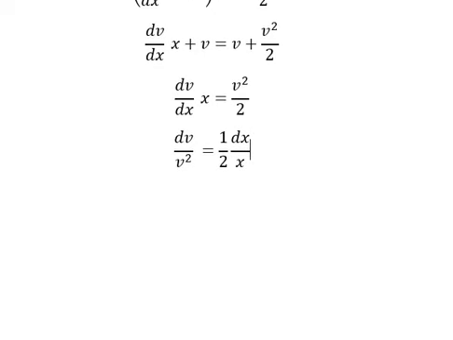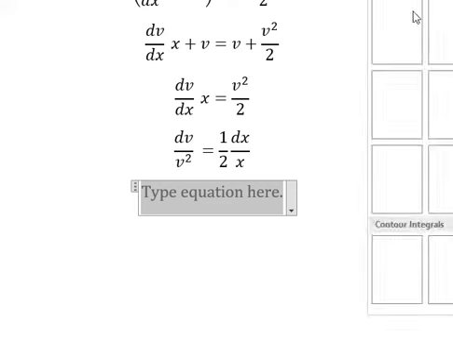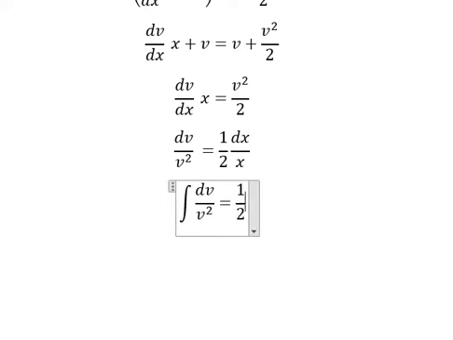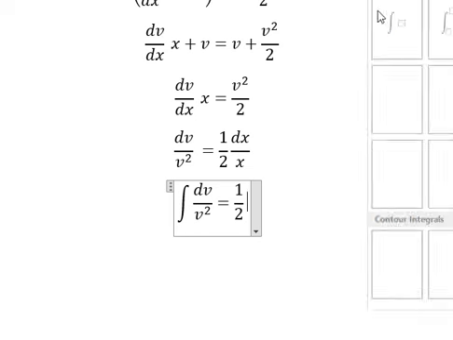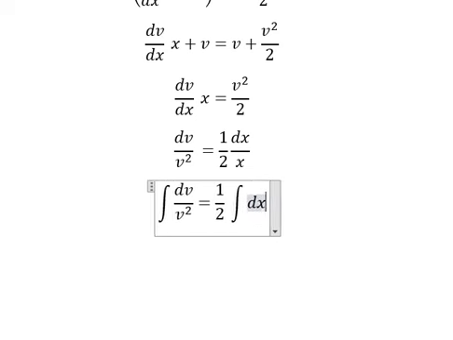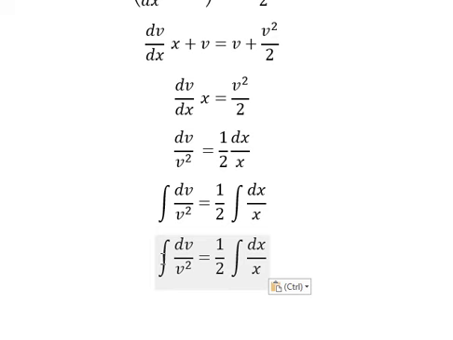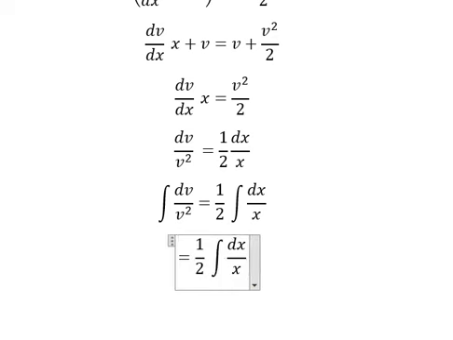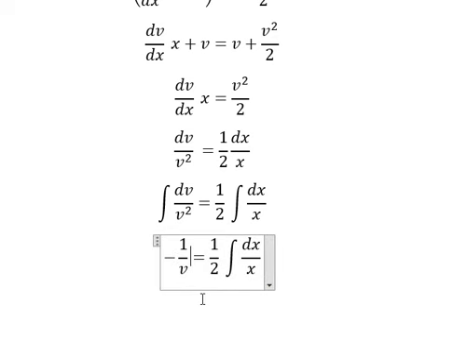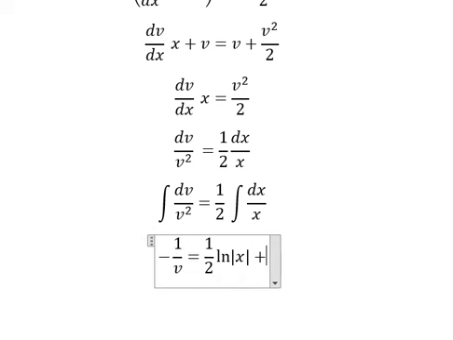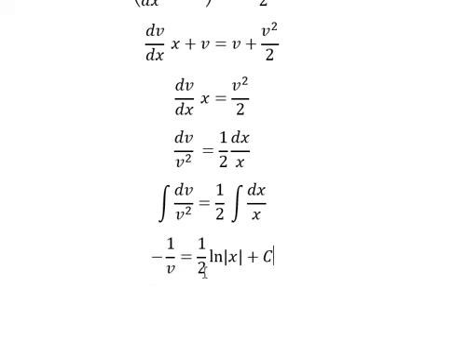Next, I will put the integration for both sides. This one we have negative 1 over v. This one we have ln of the absolute value of s, and I will put plus c.